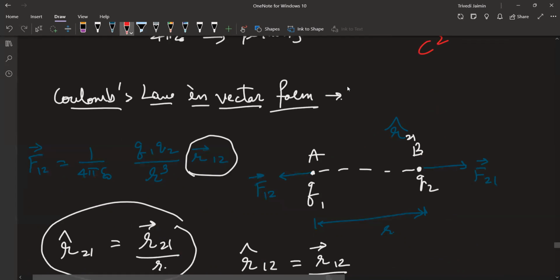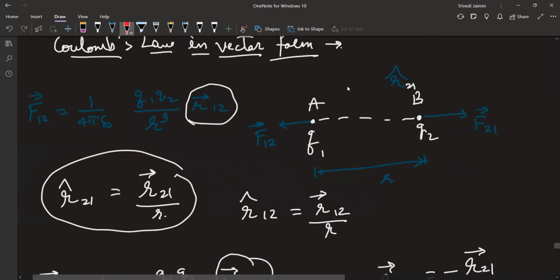Coulomb's law in vector form. If there are 2 point charges, Q1 and Q2, at distance r apart, the force on Q1 will be force 1 due to 2, and the force on Q2 will be force 2 due to 1.